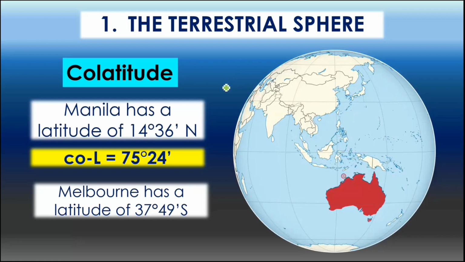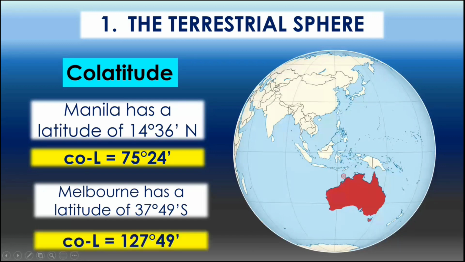We need to add 90 degrees to the latitude. So adding 90 degrees because Melbourne is on the south of the equator, we have 90 degrees plus 37 degrees 49 minutes. So the co-latitude is 127 degrees 49 minutes.